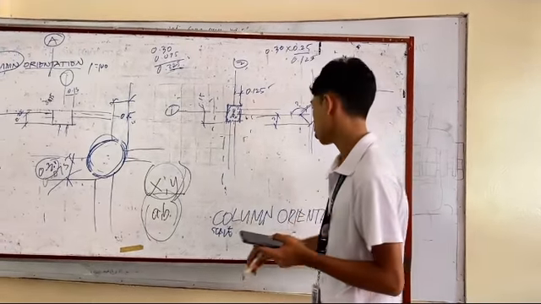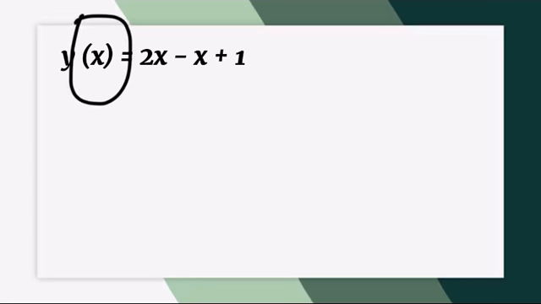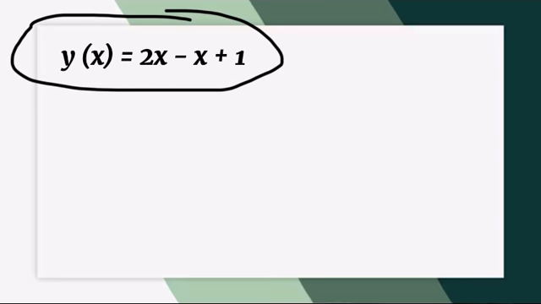For example, the function y of x equals 2x minus x plus 1. To find the answer, we use the x. So the x is not yet done.